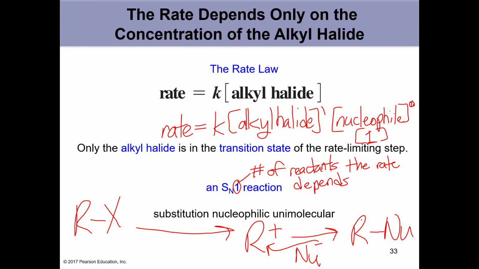Now, because this goes through a carbocation intermediate, inversion is not the answer to the final product. We're going to have a racemic mixture of products for any SN1 reaction that produces a molecule with a chiral center.